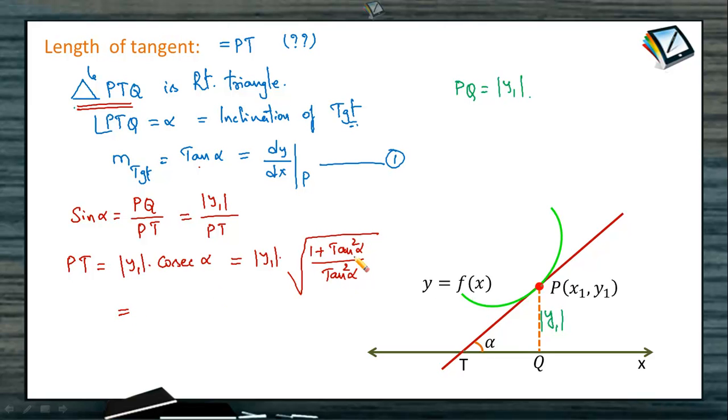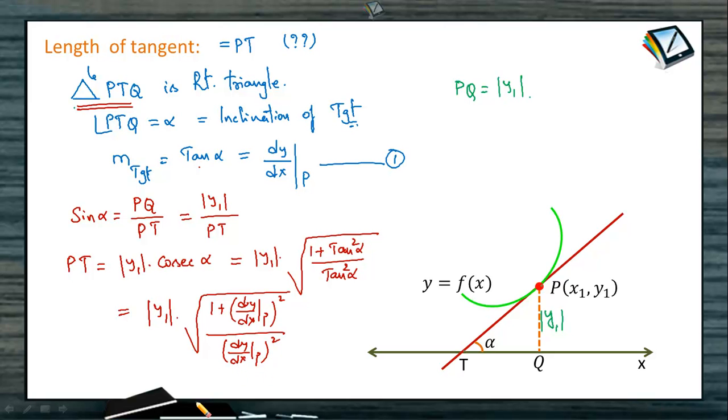We know the value of tan alpha, that is nothing but dy by dx at the point P. So what happens when we replace the PT length in terms of the derivative? It is modulus of y1 times square root of 1 plus (dy by dx at the point P) whole square by (dy by dx at the point P) whole square.